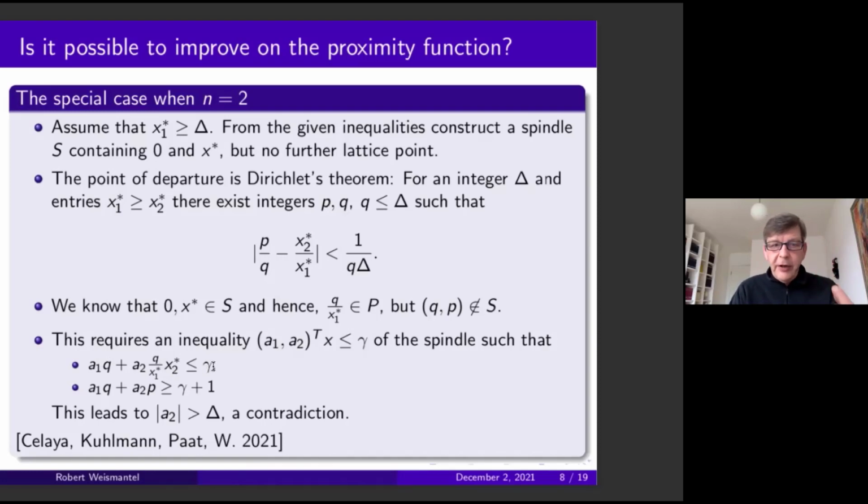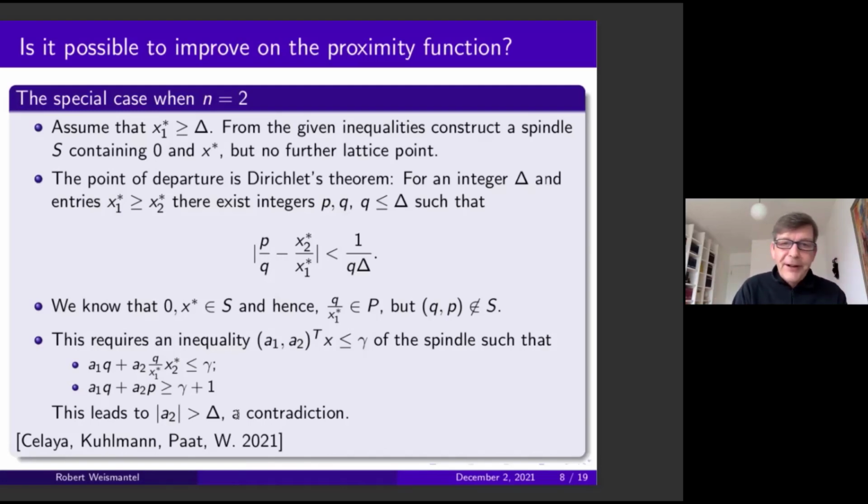The gamma is integral. And the point A1 q plus A2 p, because A1 and A2 are integral, also has to be integral, but it has to violate the constraint, so it has to be off by at least 1 from the gamma value. Now if you look at the two equations, you directly see that this requires the coefficient A2 in absolute value to exceed delta. And this is not possible because we assume the matrix is totally delta modular.